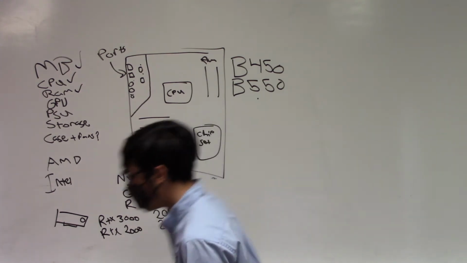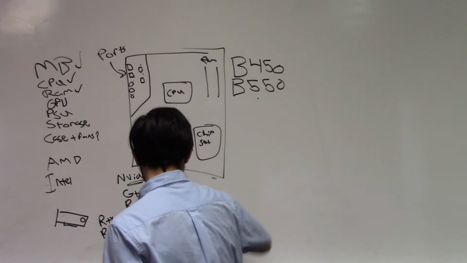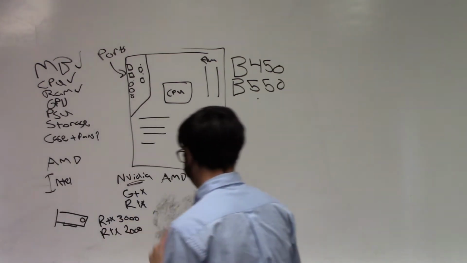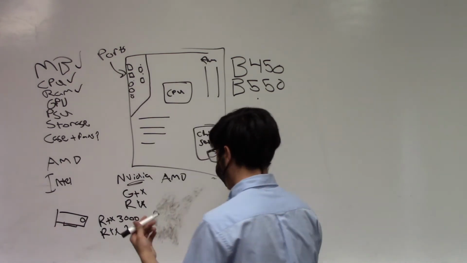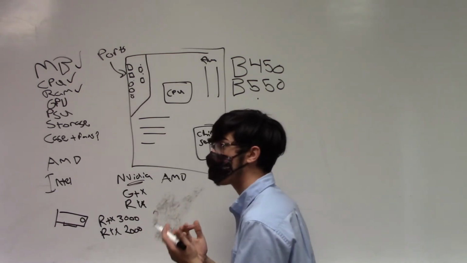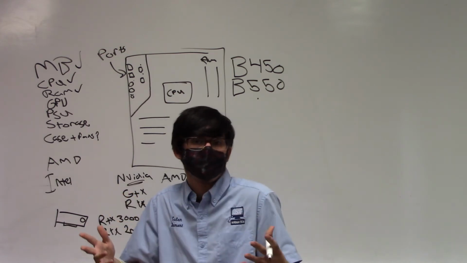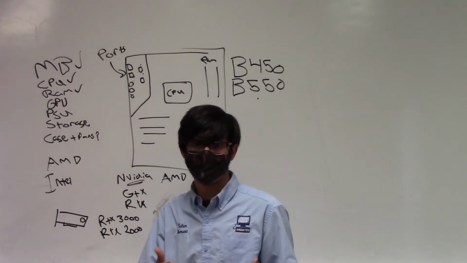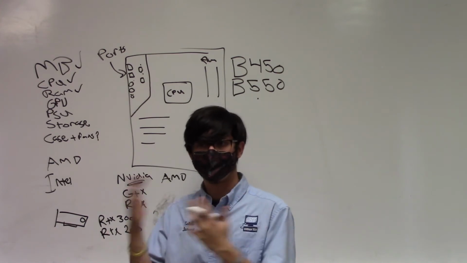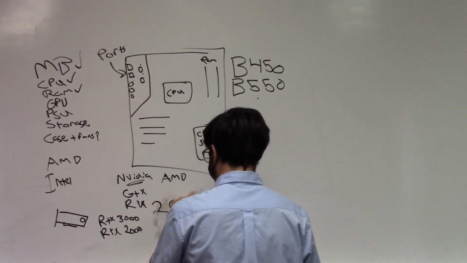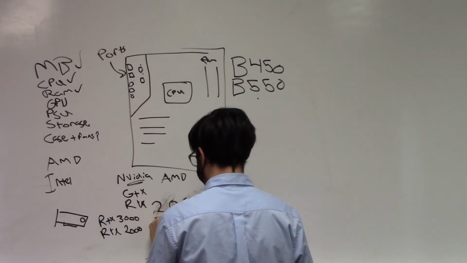But each set of graphics cards has a different, like, I want to say, an upgradable version. Like, you know how the PS4 Pro is to the PS4, or the Xbox One X and S is to the Xbox One. So you have your 2060 and 2070 and 2080.